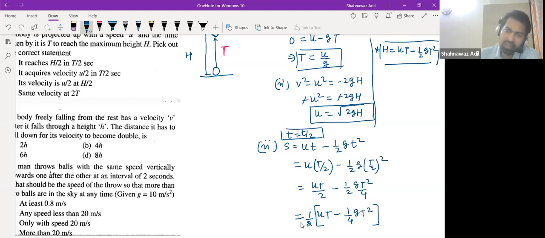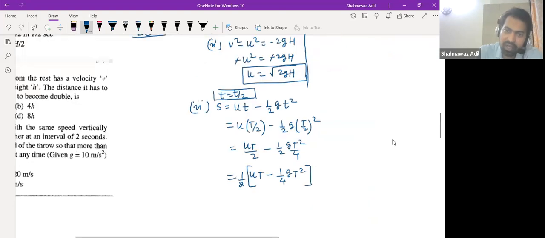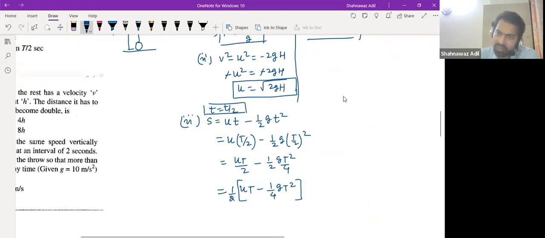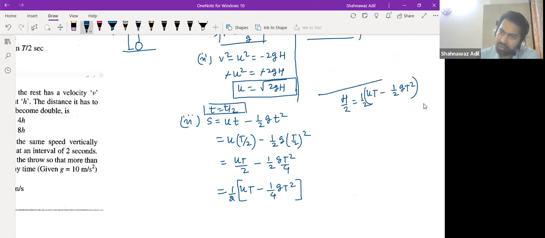So now you can see that for s to be h by 2, h by 2 is how much? h by 2 is ut minus half gt square and then 1 by 2, right? So this is not like that because we don't have any half in here.